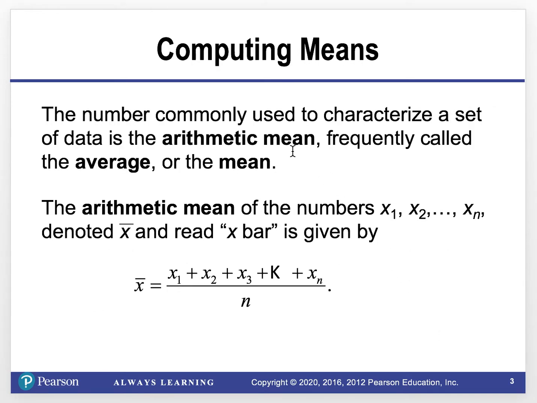First of all, the number commonly used to characterize a set of data is the arithmetic mean. This is frequently called the average or just the mean. Technically, we've got three terms here that could be called the average. The mean, the median, and the mode are all types of an average.